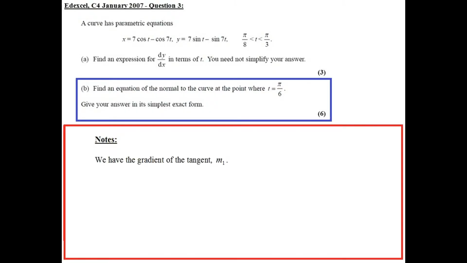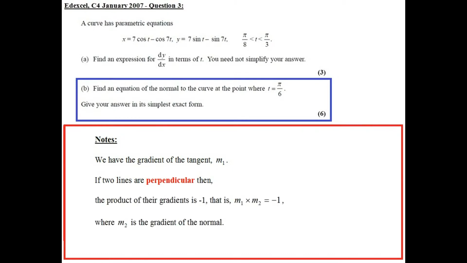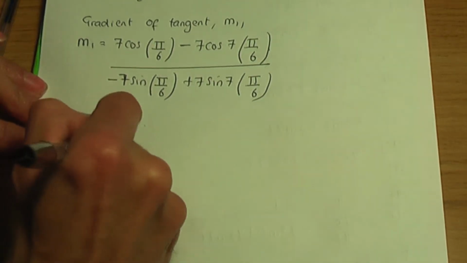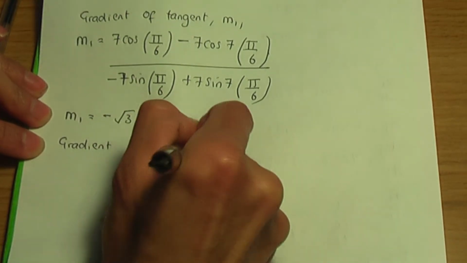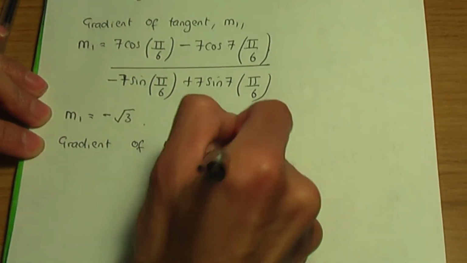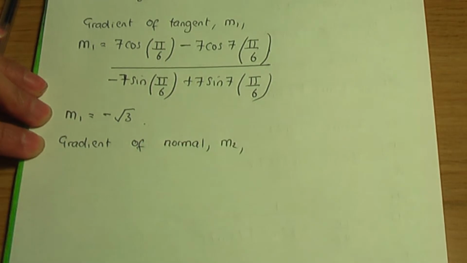So we have the gradient of the tangent, and remember, since the tangent and the normal are perpendicular to one another, we can use the property that if two lines are perpendicular, the product of their gradients equates to minus 1. So let's go back to the paper and pen. To find the gradient of the normal, I'll name that m2.